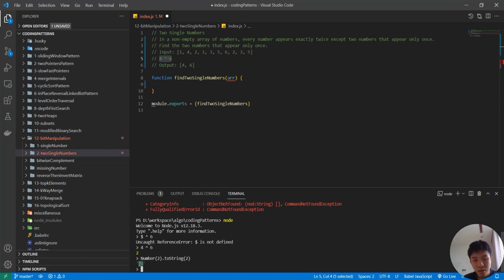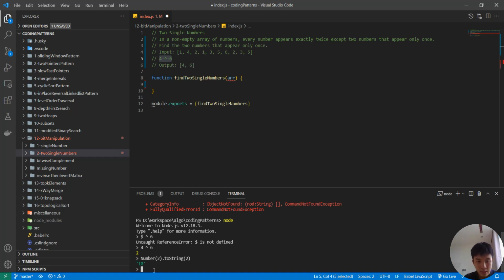So the bits at the same position in 4 and 6 must be the same, and the bit at the position of the 1 in 4 and 6 must be different.